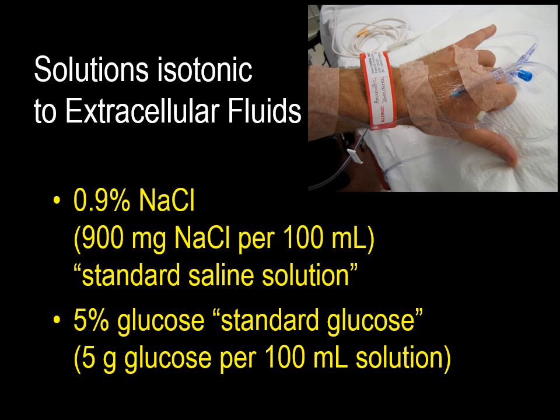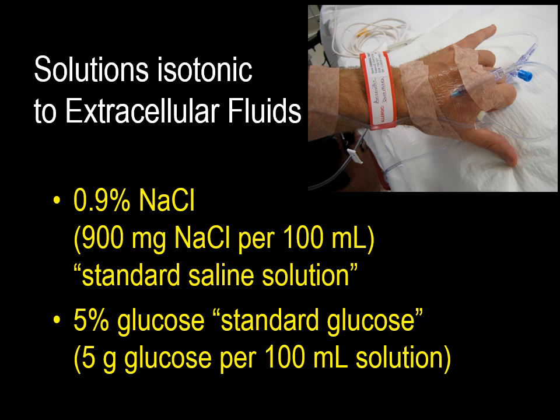For example, if you take 900 milligrams of sodium chloride in 100 milliliters of solution, you get a 0.9% sodium chloride solution, a so-called standard saline solution. If you inject this solution into the bloodstream, it does not cause significant shifting of water into or out of the cells.